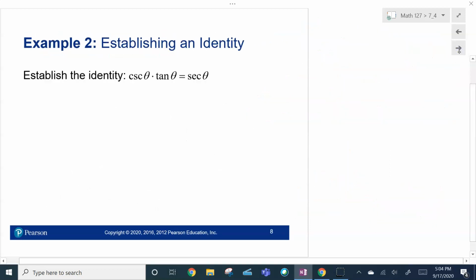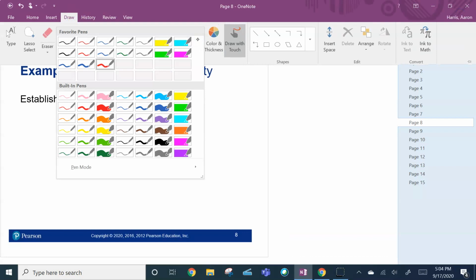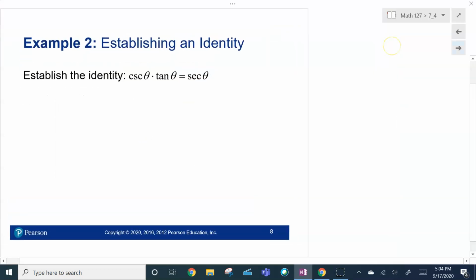All right, now let's establish the identity. So again, you can work with your left or right hand side, but you want to pick your more complex side. So I'm going to use my left hand side and show that it's equal to my right hand side, the secant of theta. So I have cosecant times tangent, and the first thing I'm going to do is take the cosecant and make it in terms of sine and cosine.